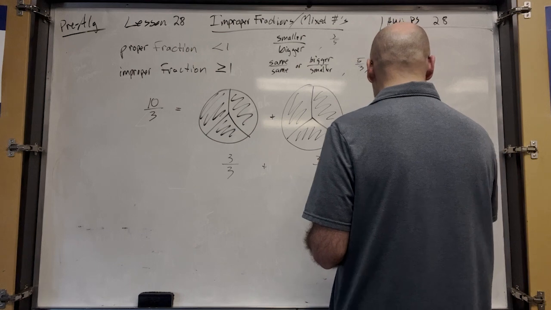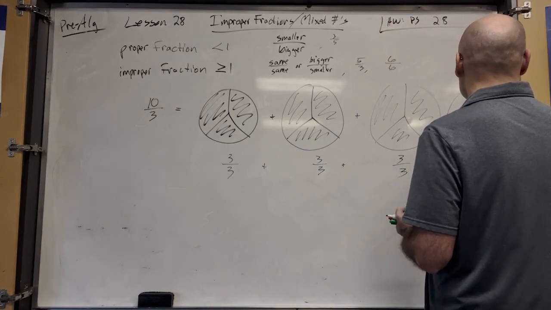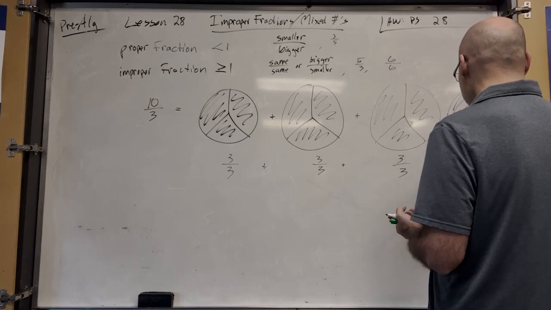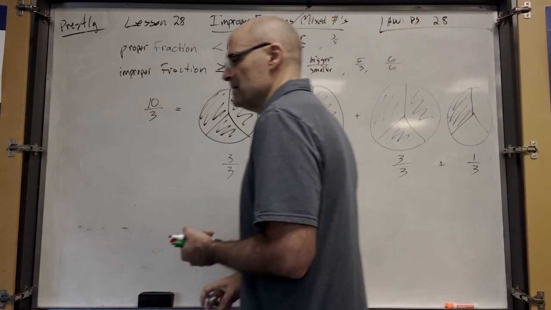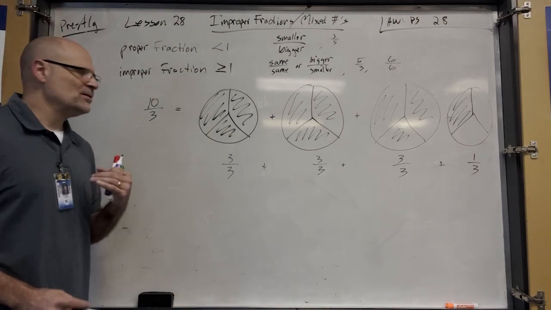And then how many do you have left over? 1/3. Okay? So now you don't have to draw pizzas every time, but you know that in the thirds world, what makes thirds a whole? Well, 3/3, right? If it was sevenths, what makes sevenths a whole? 7/7. So you're wanting to know how many 3/3 go into 10.